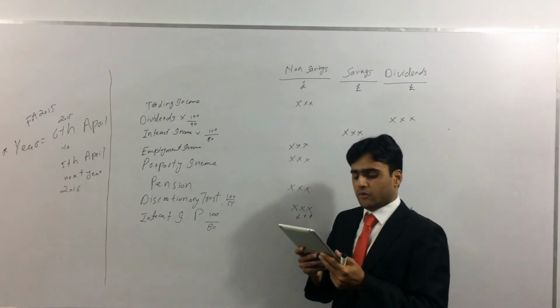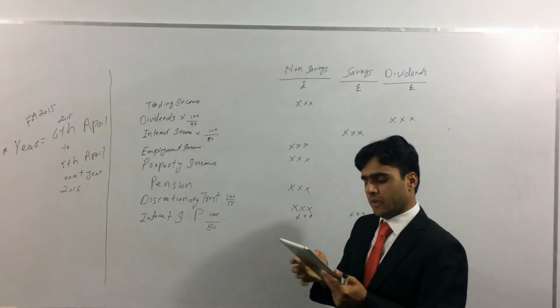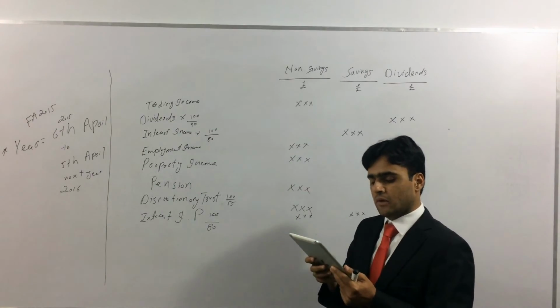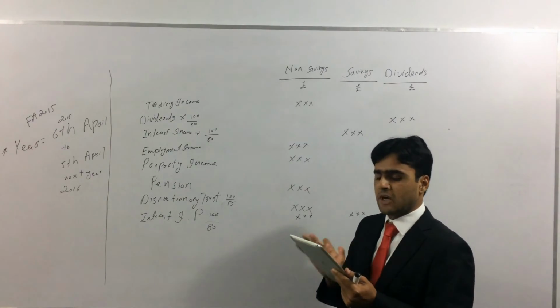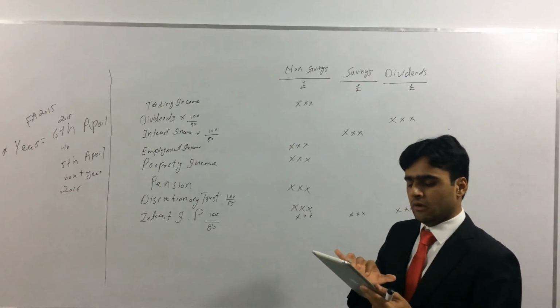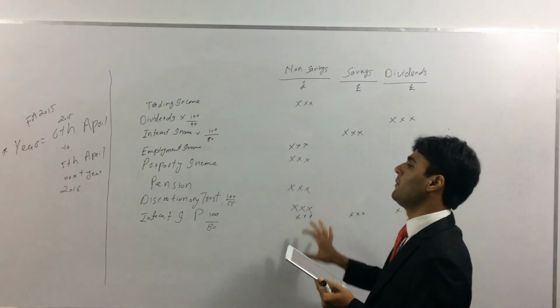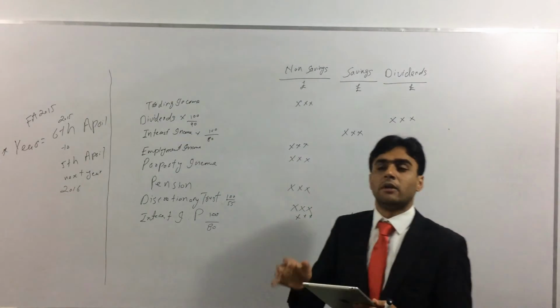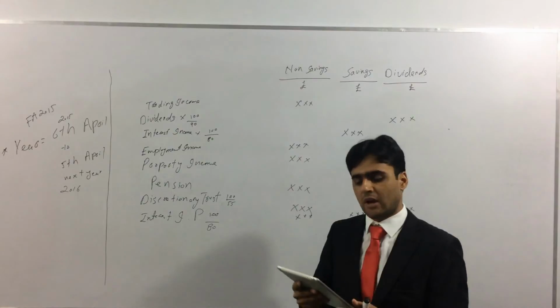Now, after deducting the personal allowance, I've listed down the tax table in the notes. This is just the tax table. There is no need to write down the tax table in the exam, because the tax table will always be given to you in the exam.